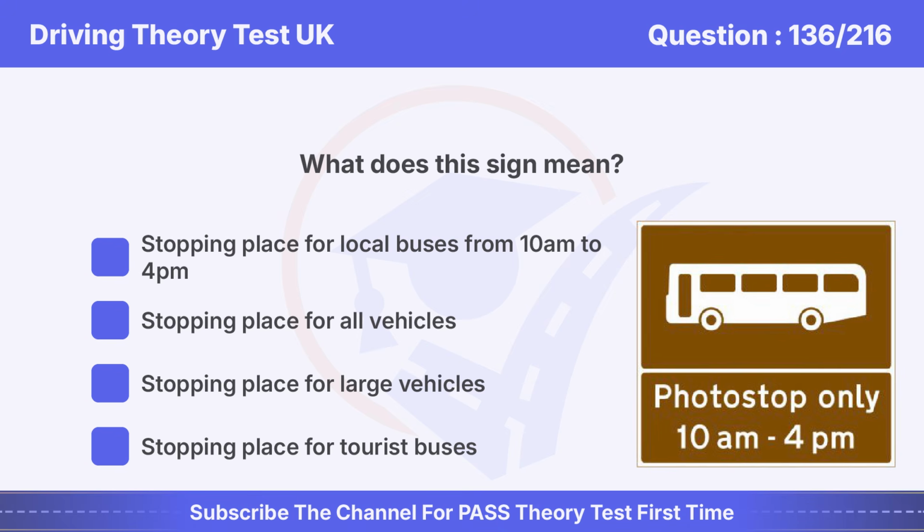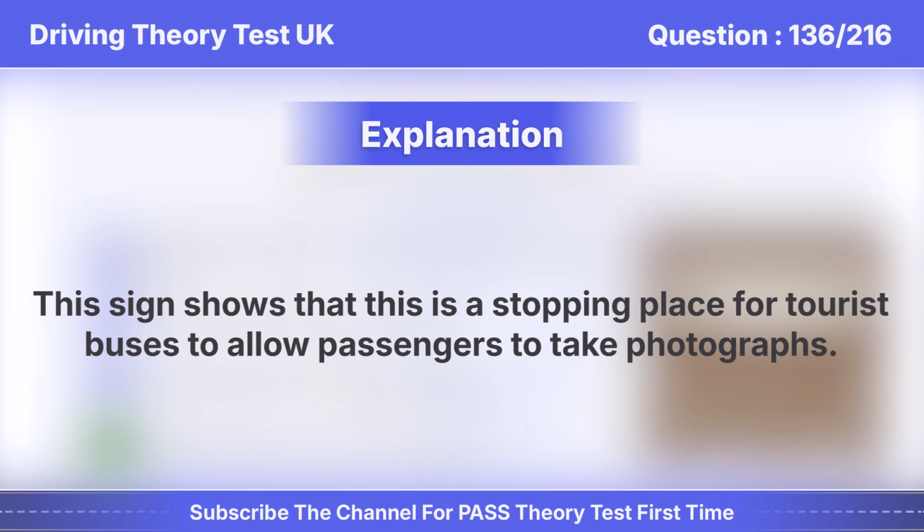Question 136. What does this sign mean? Answer is D. Stopping place for tourist buses. This sign shows that this is a stopping place for tourist buses to allow passengers to take photographs.